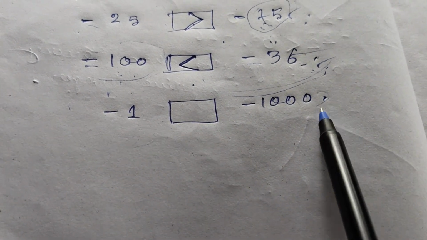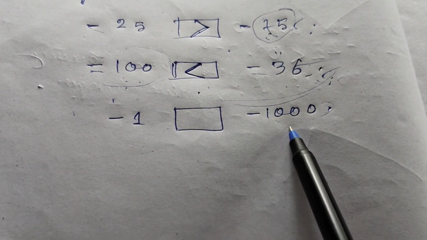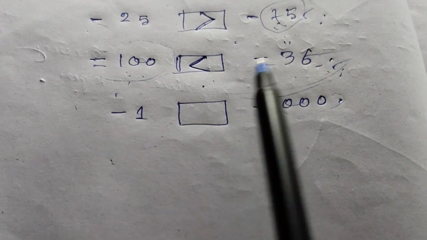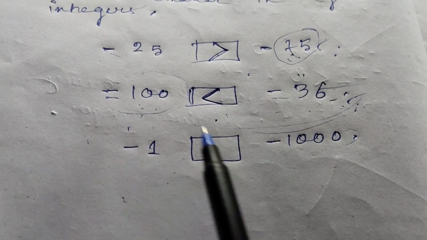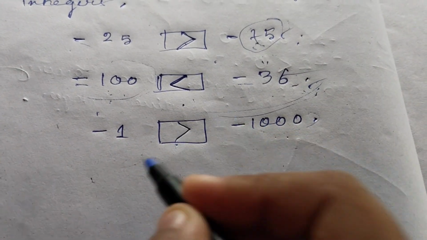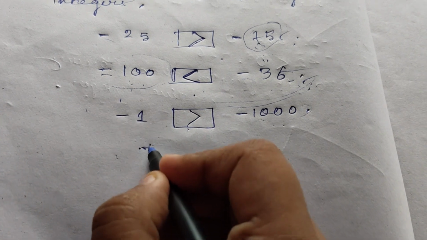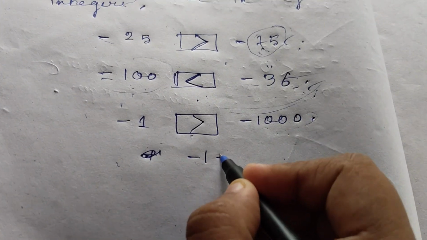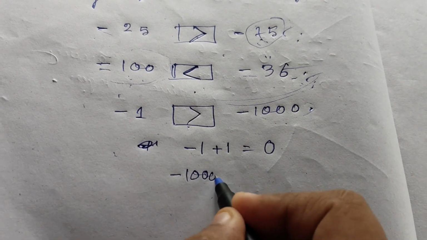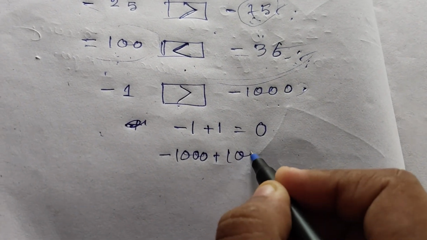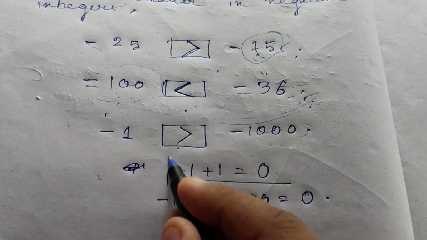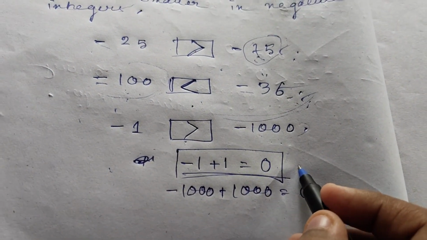Normally in basics 1000 is bigger, but in the case of negative, the one which is bigger in basics becomes the smallest. So between minus 1 and minus 1000, which is bigger? Minus 1 is bigger. How? Because minus 1 needs just plus 1 to become 0, but minus 1000 needs plus 1000 to become 0. So minus 1 is bigger.